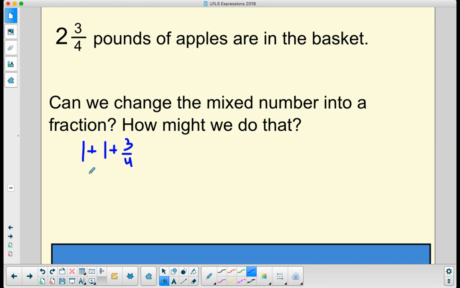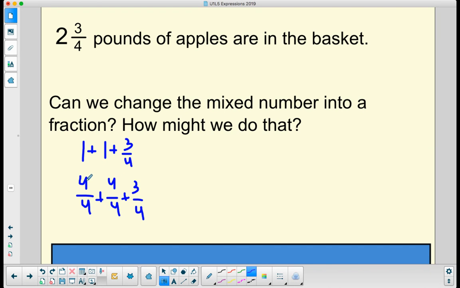Now, 1 whole is 4/4. Plus, this 1 whole is 4/4. Plus, I have another 3/4.